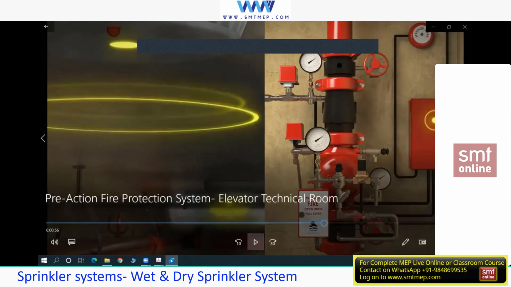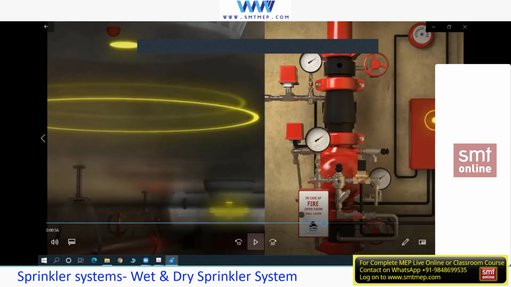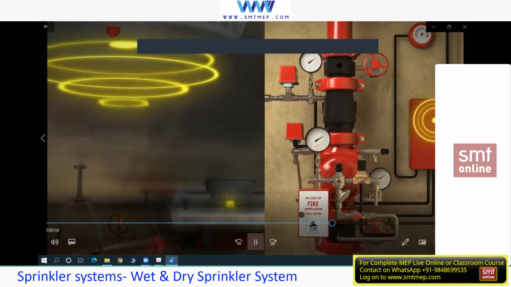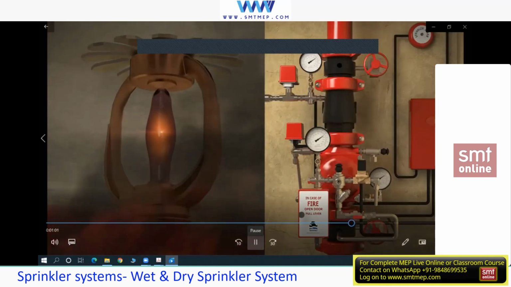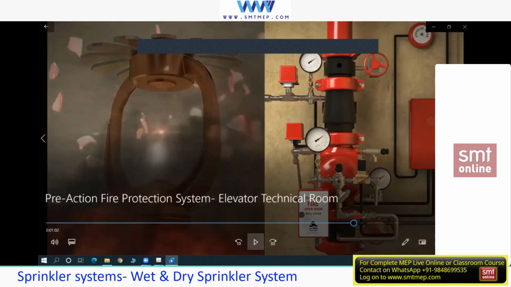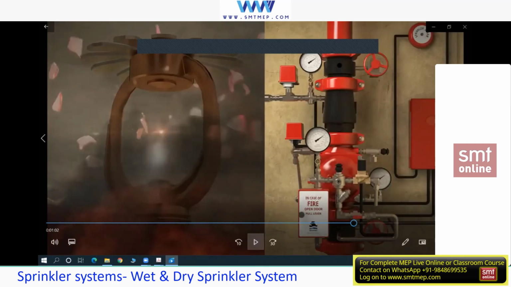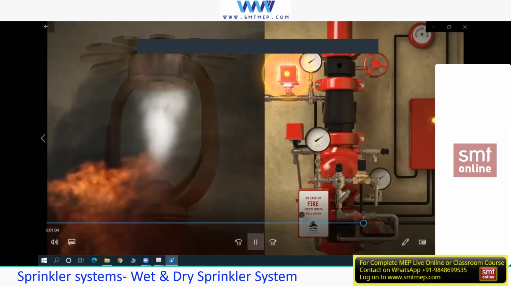The heat detector or smoke detector we will discuss in NFPA 72 fire alarm system. You see, first the detector activates, then after some time the sprinkler breaks as per the thermal rating, then release of gas, then release of water.